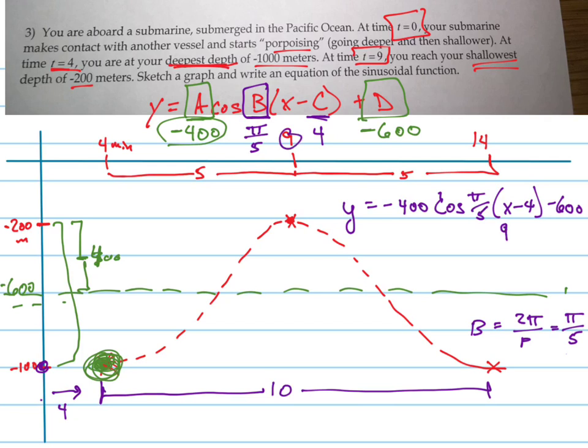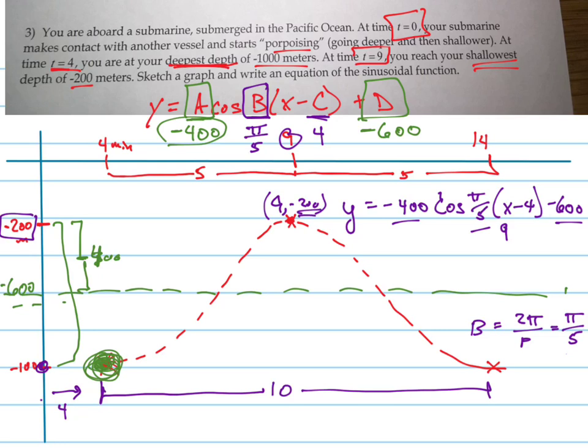If I plug 9 in for x, I should get negative 200 for y, because 9, negative 200 is one of my points. So let's test it. If I plug in 9, 9 minus 4 is 5. 5 times pi over 5 is just pi. The cosine of pi is negative 1. Negative 1 times negative 400 is positive 400. Positive 400 minus 600 is negative 200, so that checks out.